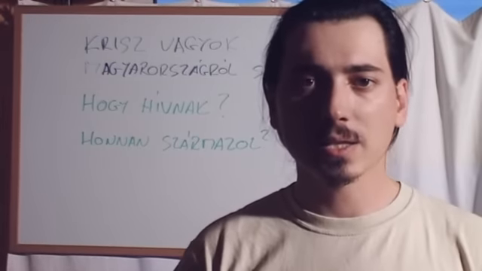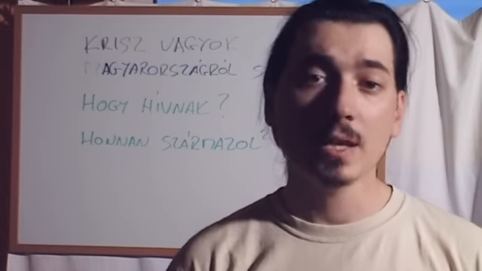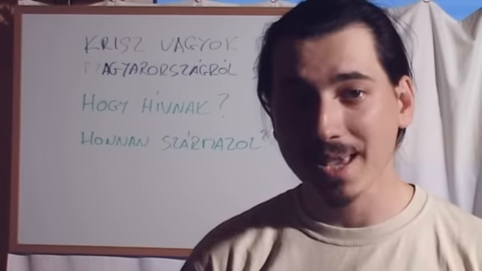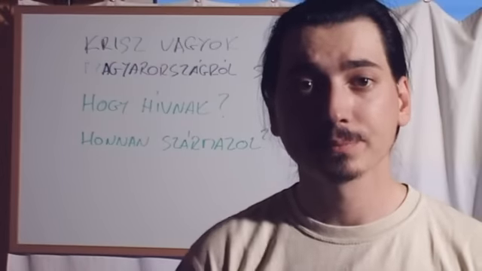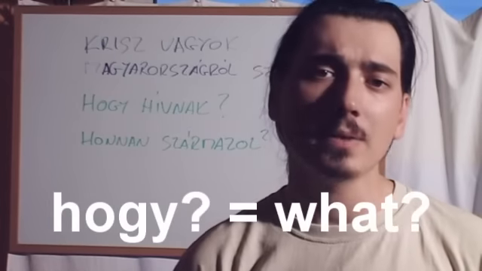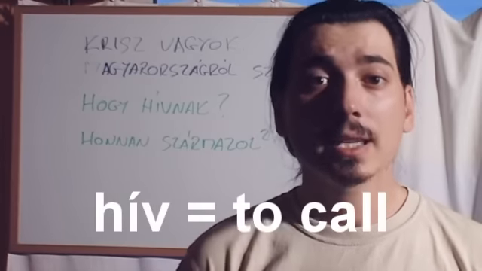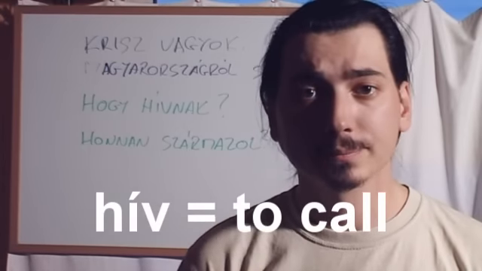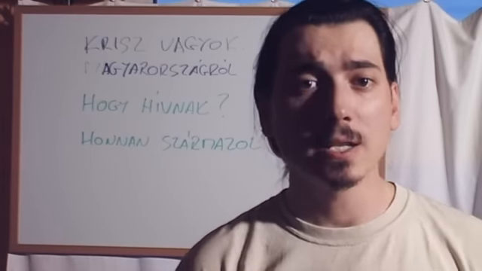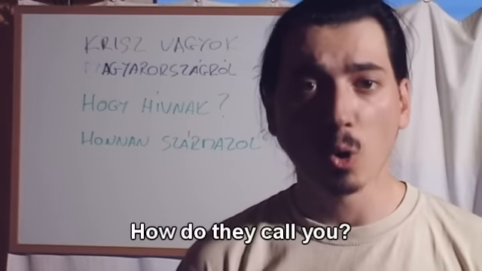Our next sentence is hogy hívnak, and that is what we ask if we want to know your name, and the answer is above. Hogy is a kind of equivalent of what, and hív is to call. So it literally means how do people call you.